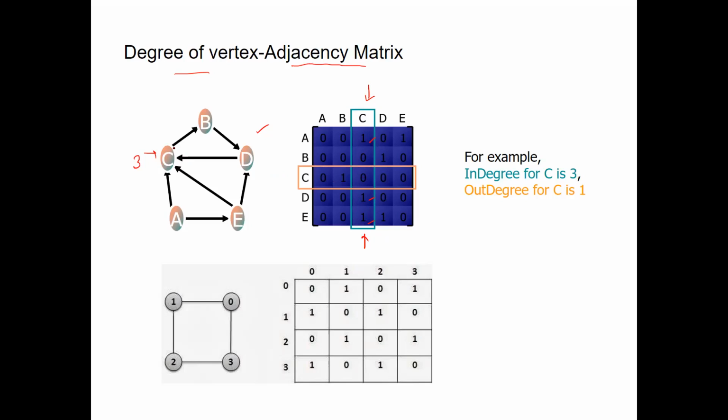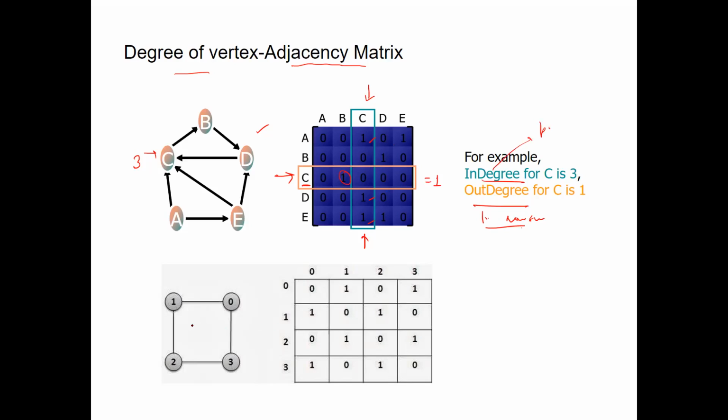Similarly, if you go for the out degree, here out degree is 1. That means the sum of the ones for that vertex C within that row represents the out degree of the vertex. So for out degree, for a particular row, find the number of ones, and for in degree, for a particular column, find the number of ones.